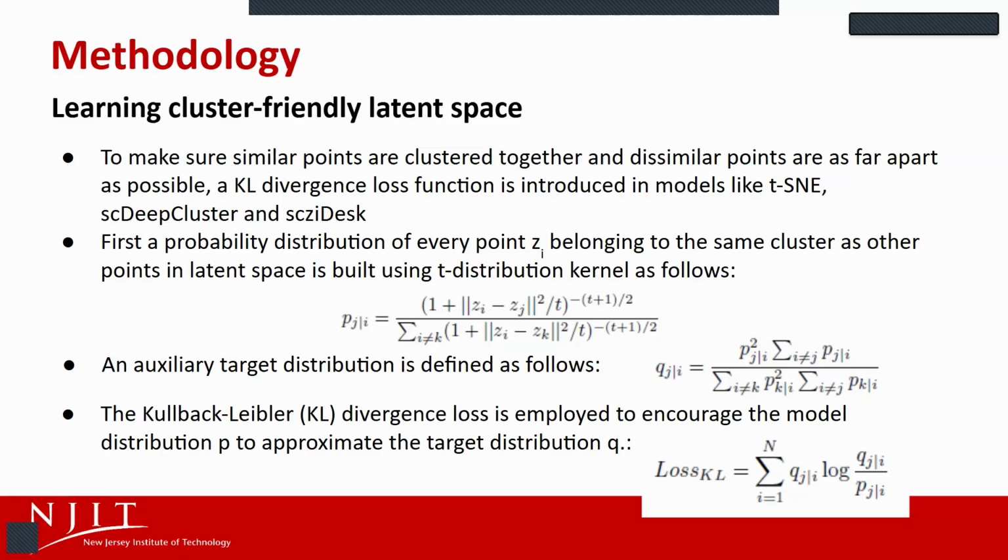So the core objective becomes aligning the distribution PJI with the target distribution QJI, and thereby compressing the heavy tails and producing more pronounced peaks. This distribution transformation effectively brings similar data points closer together and pushes dissimilar points further apart, enhancing cluster separation in latent space.